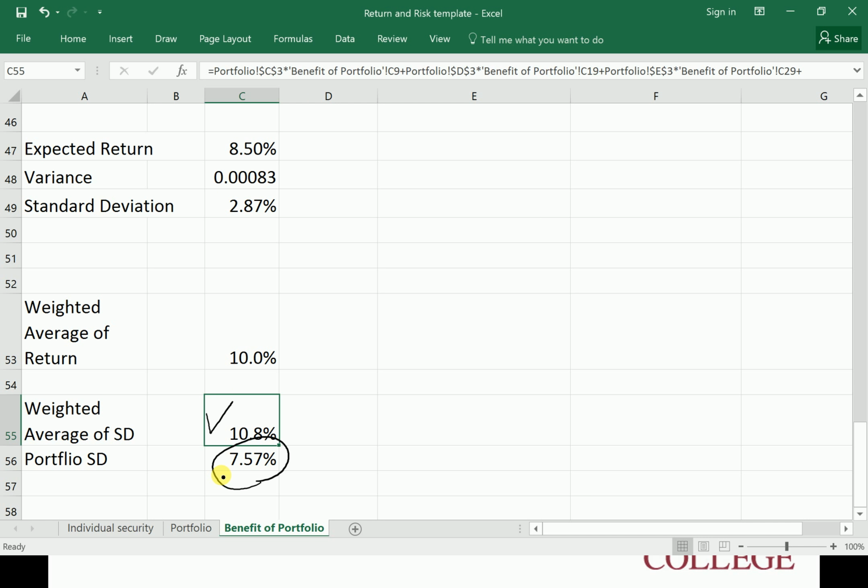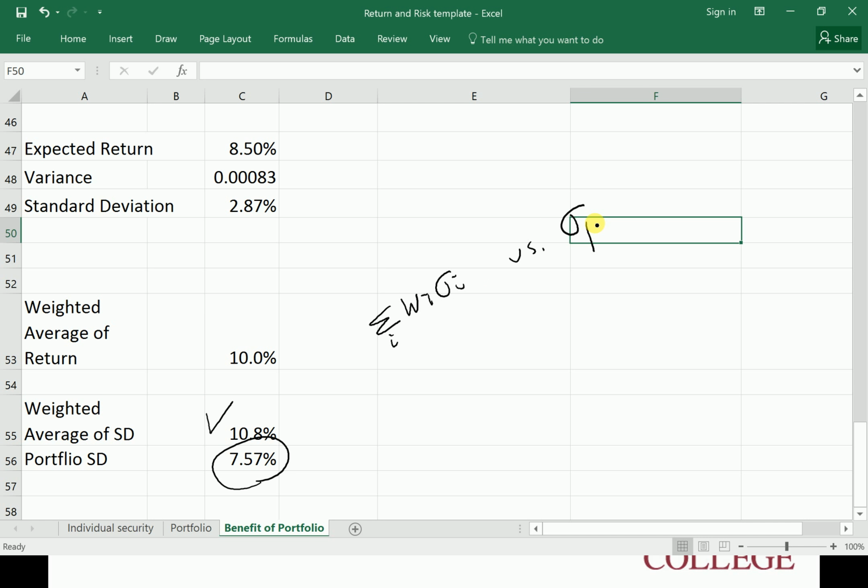So this is the weighted average of standard deviation versus portfolio standard deviation, okay? And we find that the weighted average is greater, and the portfolio standard deviation is less.